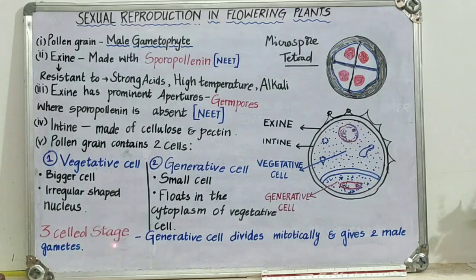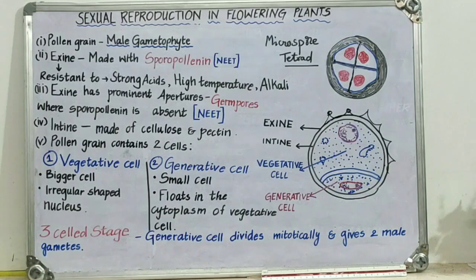Then the three-celled condition means this so-called generative cell divides mitotically. This is most important. Mitotically, and gives rise to two male gametes. And these two male gametes enter into the pollen tube.